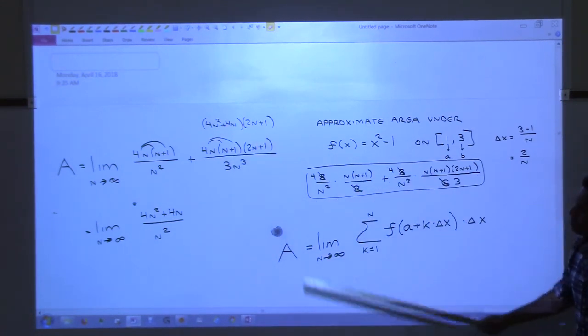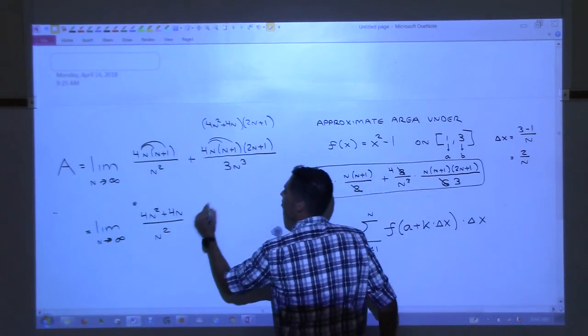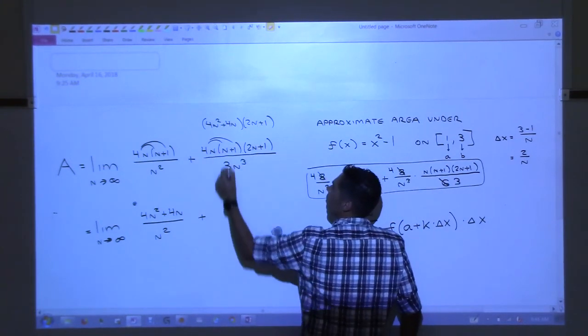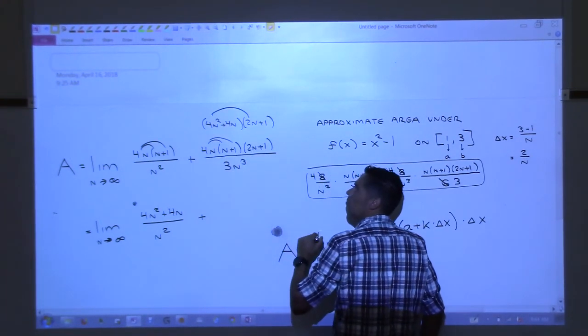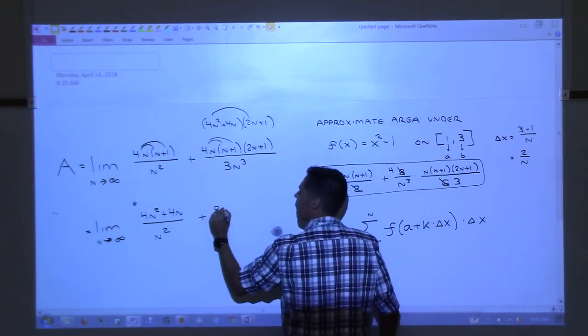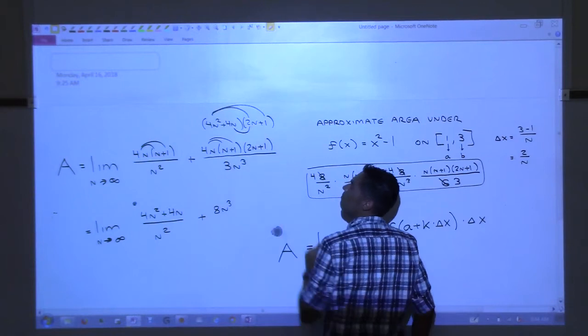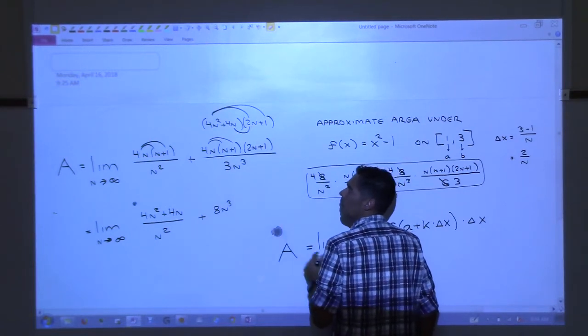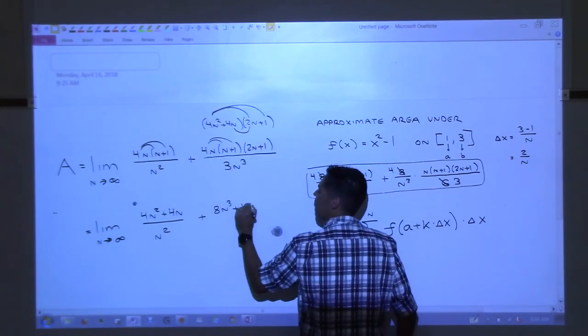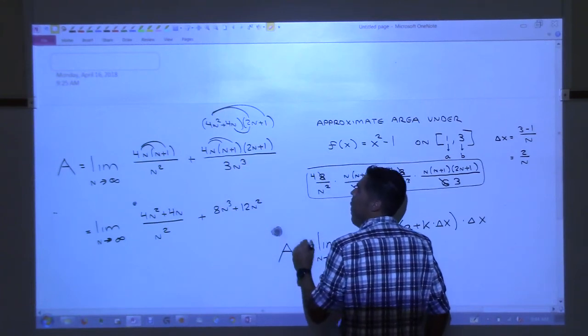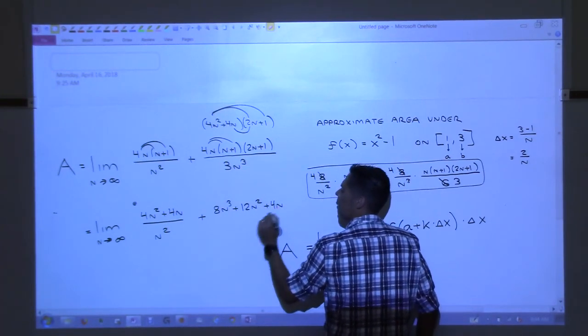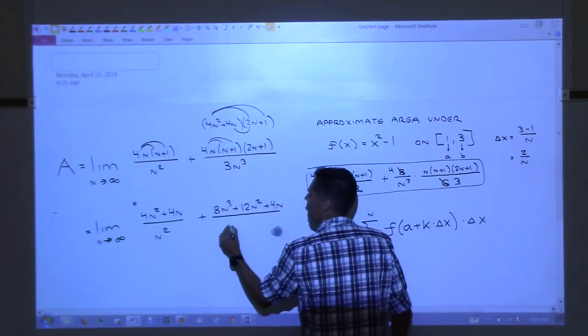So what should the numerator of this one be? 8n cubed? 4n squared? 8n squared? So 12n squared? And then last one, 4n? And that's all over 3n cubed.